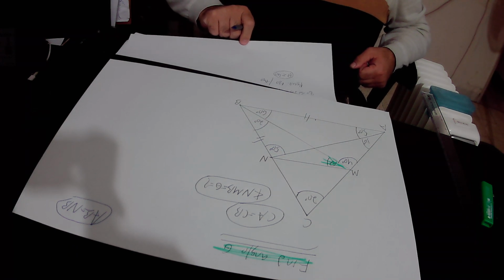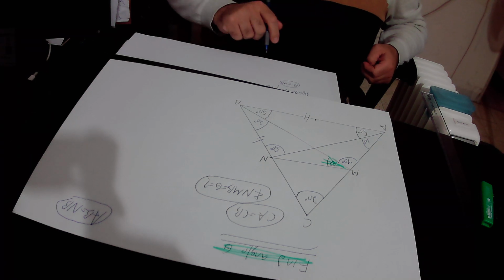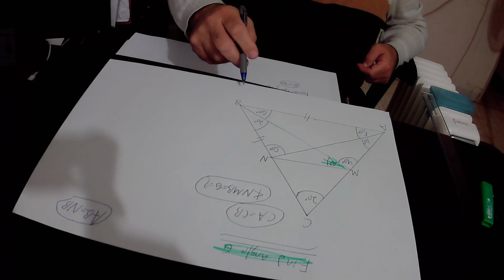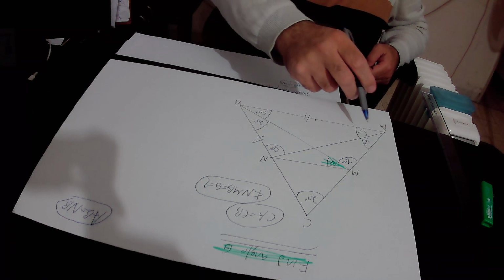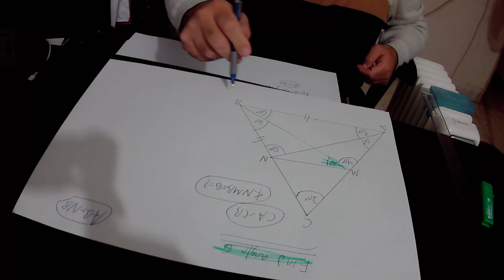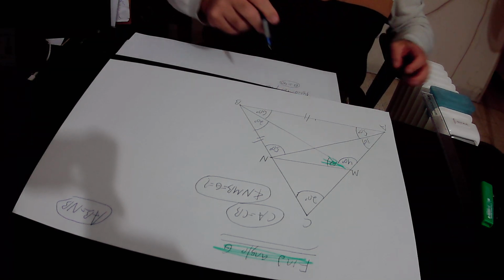So, in the next step, we will do a construction. That is to say, from point B, we draw line segment BD on CA in such a way that BD will be equal to BA. Again, BD will be equal to BA according to our construction.